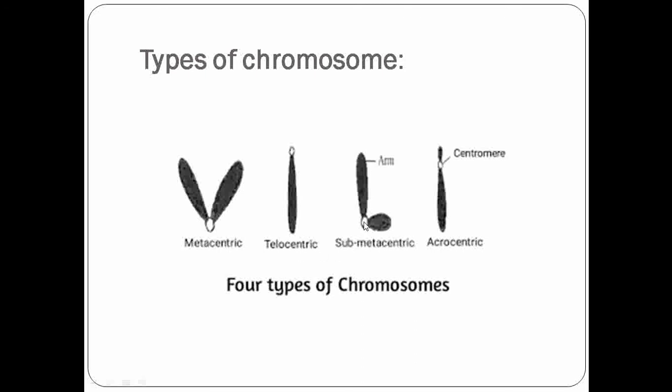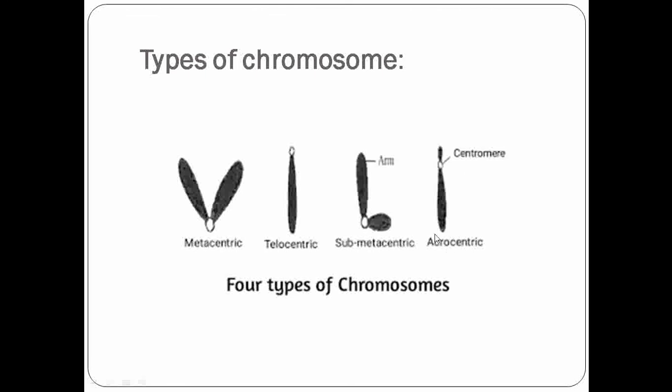Then if the centromere is attached just below the middle, this is the middle, see here, and the centromere is positioned just below the middle, it will give an L-shaped appearance to the chromosome. That type of chromosome we call submetacentric. Then the last one, that is acrocentric.